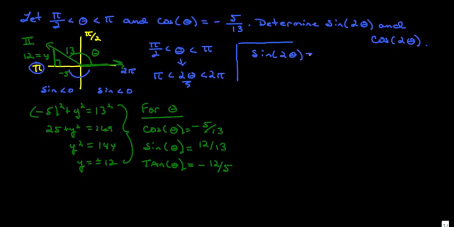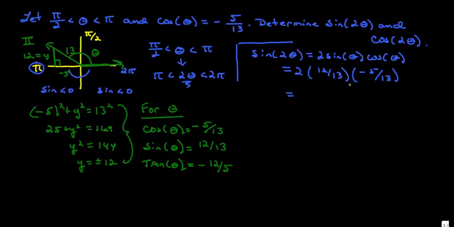Let's go back over here. Well, the sine of 2 theta is equal to 2 sine theta cosine theta. So that's equal to 2 times our sine theta, which is 12 over 13, and our cosine theta is negative 5 over 13.